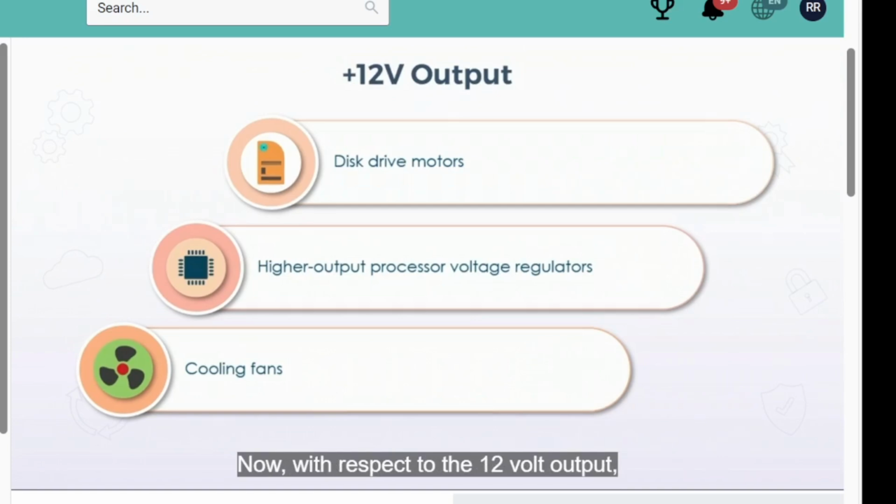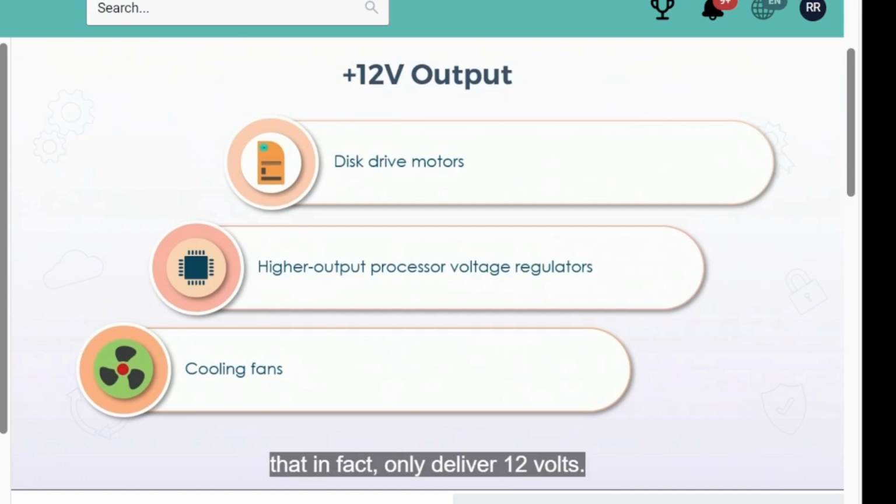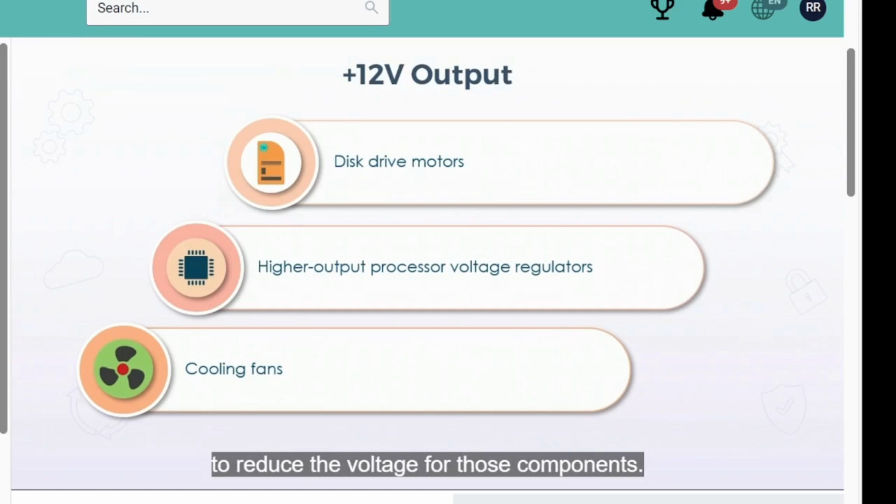Now, with respect to the 12 volt output, it is worth mentioning that there are newer power supplies available that in fact only deliver 12 volts. In other words, there would only be a 12 volt rail. So for all of the components that operate at the much lower voltages, there would be additional regulators installed on the motherboard itself to reduce the voltage for those components.